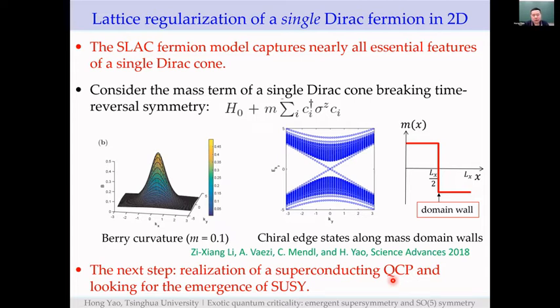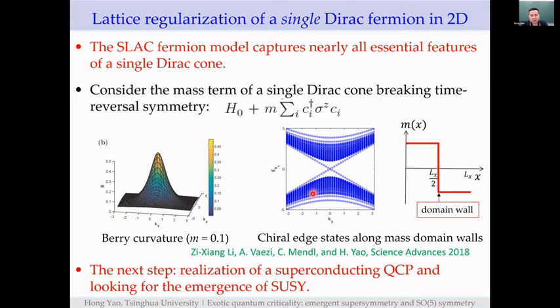For instance, if we make a mass domain wall on this two-dimensional lattice model, with positive mass on the left and negative mass on the right, there's a domain wall between positive mass and negative mass. At the domain wall, there is a chiral fermion, which is expected from a single Dirac cone.